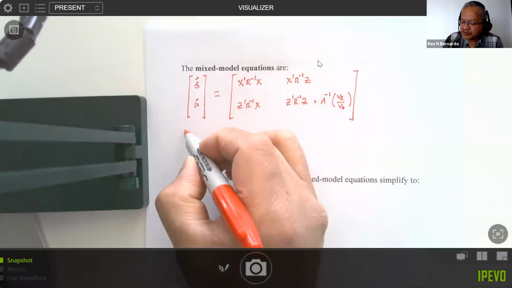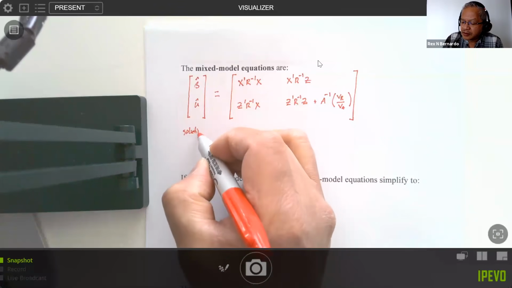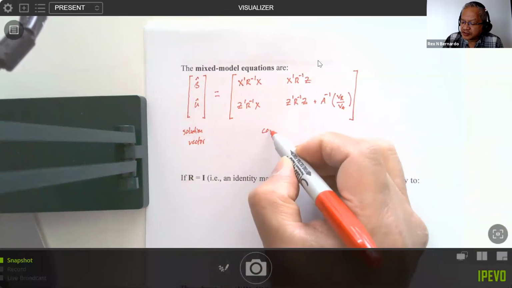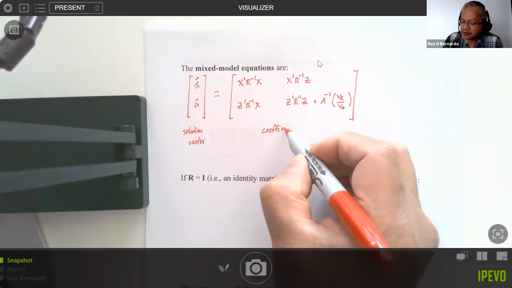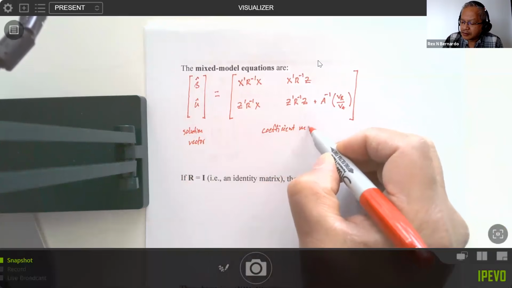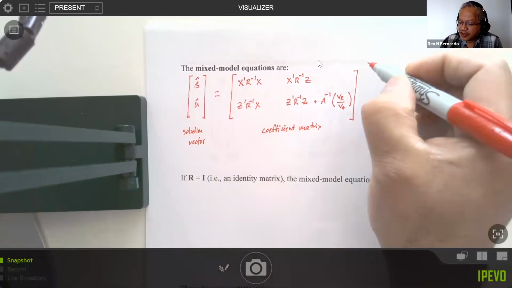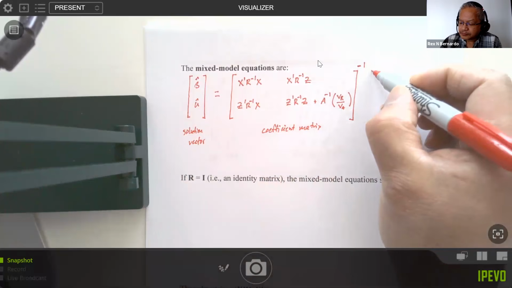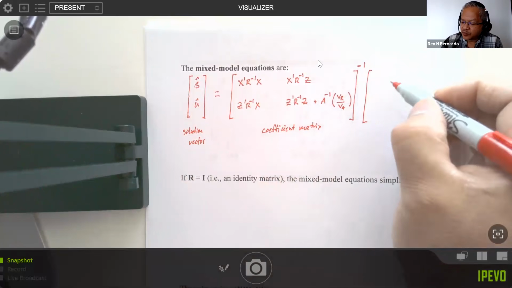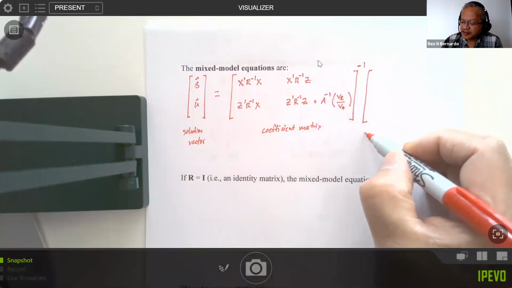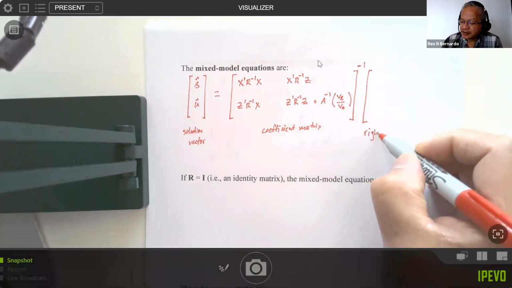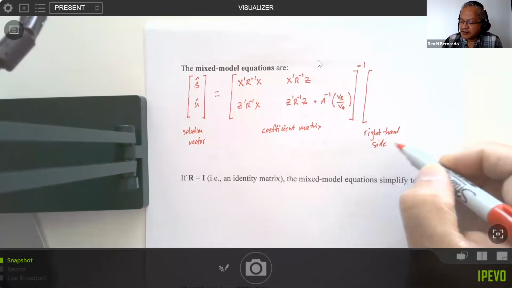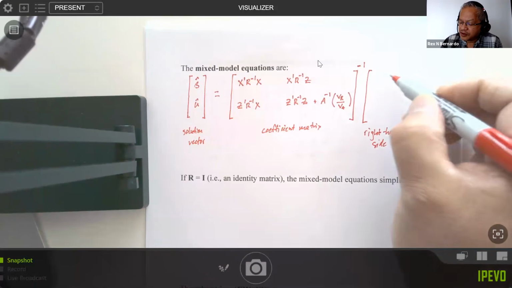So this is the solution vector. This here is the coefficient matrix. You need to take an inverse of that, kind of like division. And then you multiply that with what is called the right-hand side, for lack of a better term, vector.